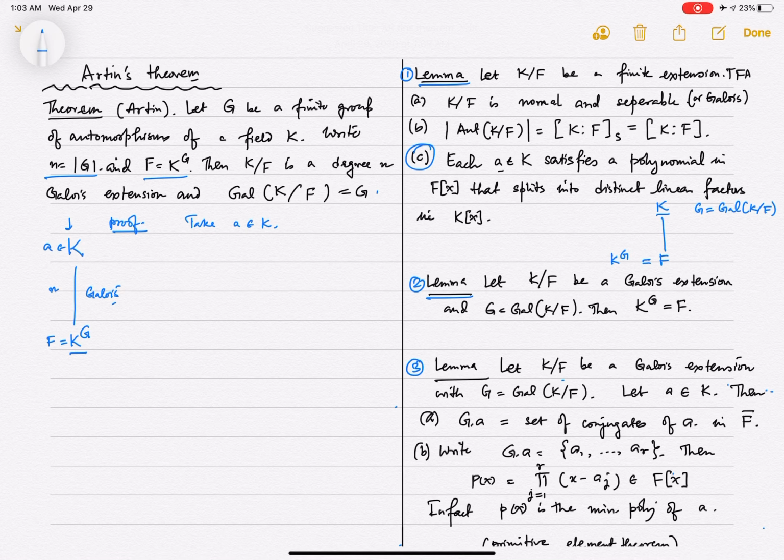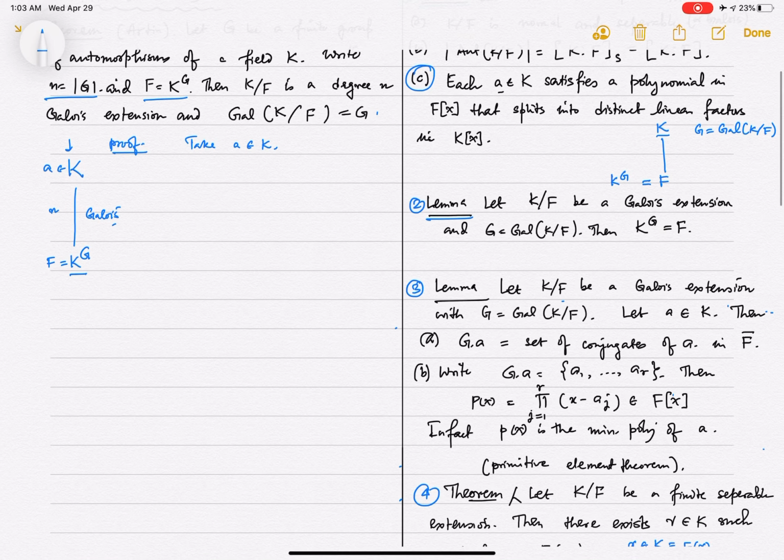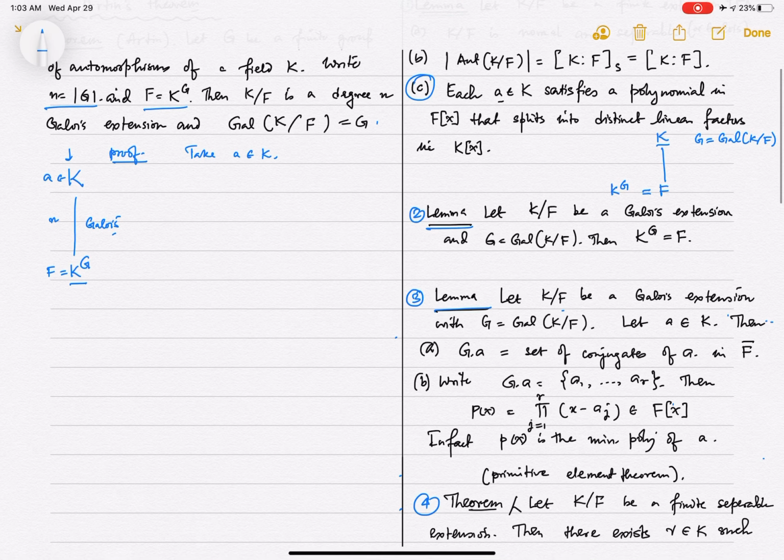But if you trust the result, you know what this minimal polynomial is going to look like. Lemma 3 told us how the minimal polynomial of an element in a Galois extension looks. It looks like this: product of (x minus a_j), where the product is over j equals 1 to r, and these a_1, a_2, ..., a_r are what are called the Galois conjugates of a, meaning you take a and hit it with all elements of the Galois group G. And we know that G in this case will turn out to be the Galois group in our theorem.